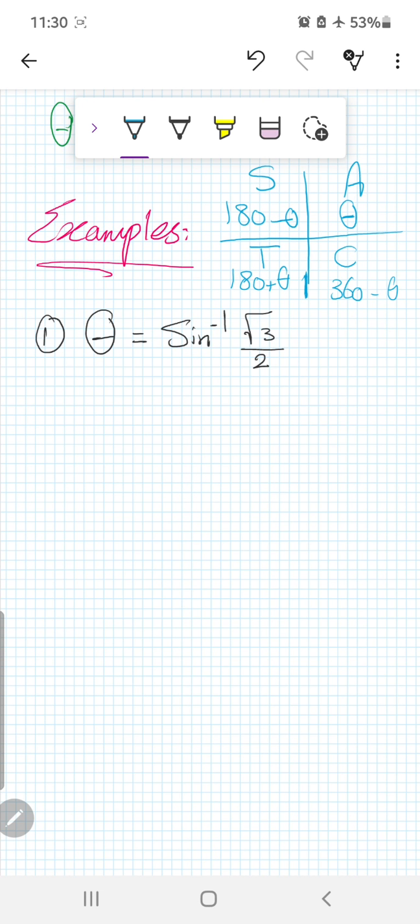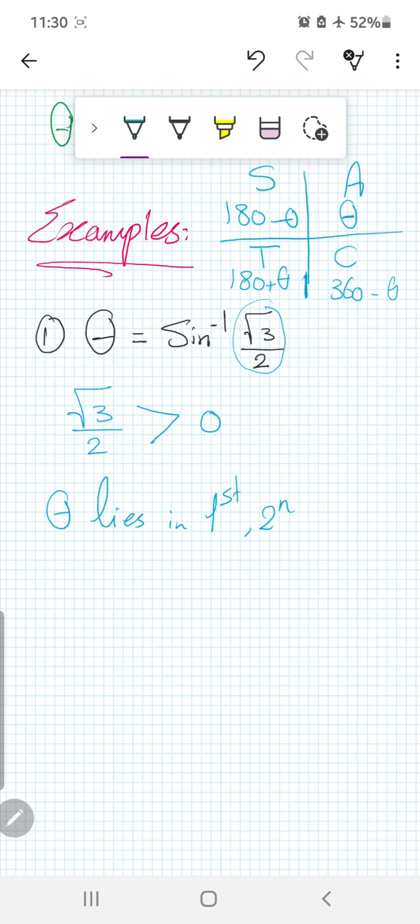Okay, here root 3 over 2 is positive, greater than 0, so sine is positive in the first and second quadrants. So theta here lies in the first and second. Okay, so theta here will be sine minus 1 of root 3 over 2. Press on your calculator, the value will be 60.